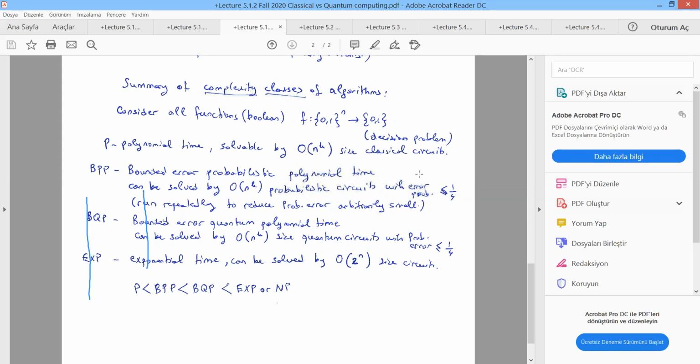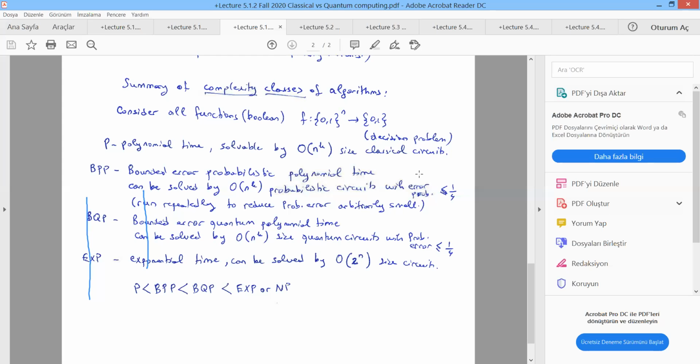So these are the quantum computation algorithms that scale polynomially in terms of the number of gates that you use to construct the corresponding quantum circuit, again with probability of error less than or equal to 1 over 4. This class is called BQP, bounded error quantum polynomial time class of algorithms.